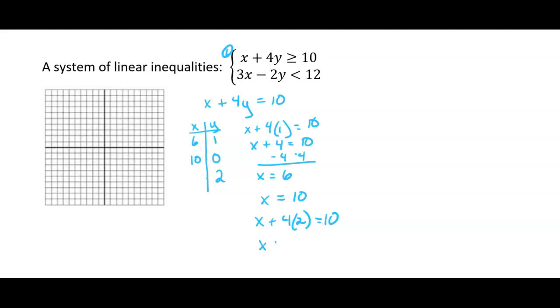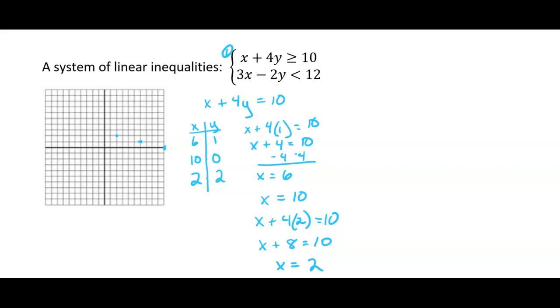There's other ways to graph, but this is, so I'm getting x equals 2. Okay. Well, I have 3 points. If they line up, I'm going to feel much better, and I'm going to go ahead and graph those now. So 6, 1, 2, 3, 4, 5, 6, 1, and 10, 0, and 2, 2. Okay, they look like they line up pretty good.